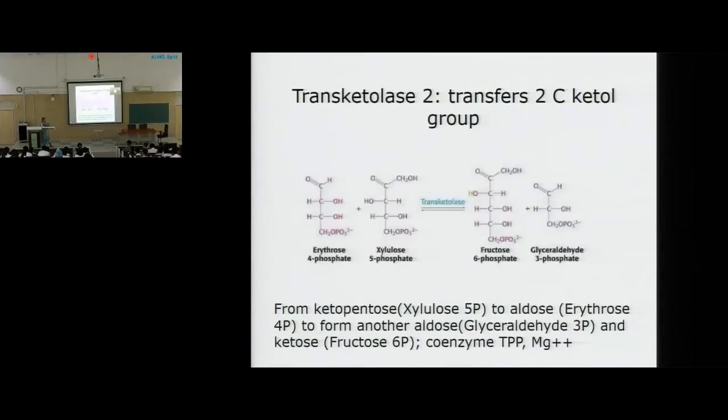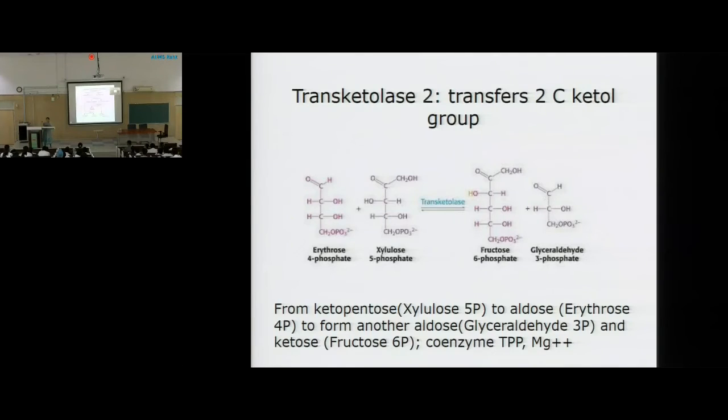The next reaction, erythrose and xylulose. Here again xylulose gives a 2 carbon compound, as in the first reaction. A 6 carbon compound will be formed, and the xylulose left will form a 3 carbon glyceraldehyde 3-phosphate. So this way the whole reaction is taking place.